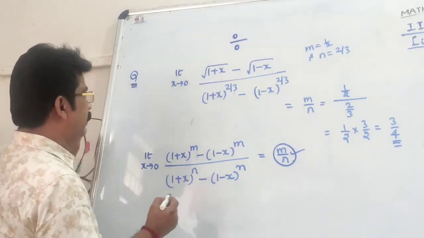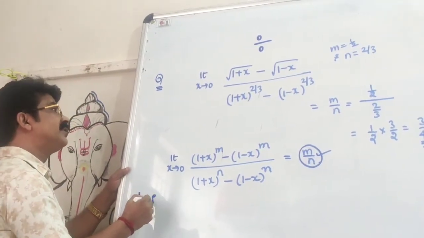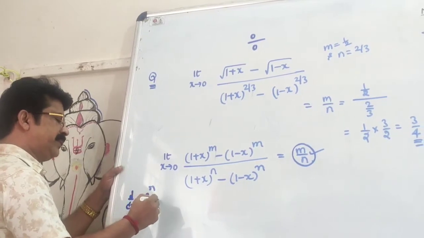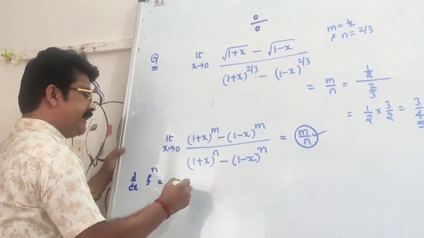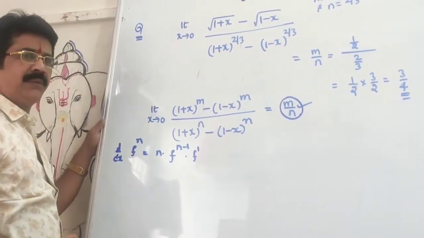The derivative of f of x whole to the power of n is equal to n into f of x whole to the power of n minus 1 into f dash of x.